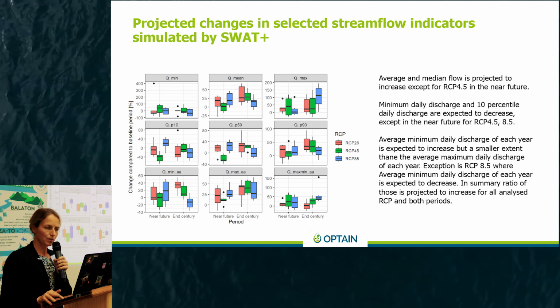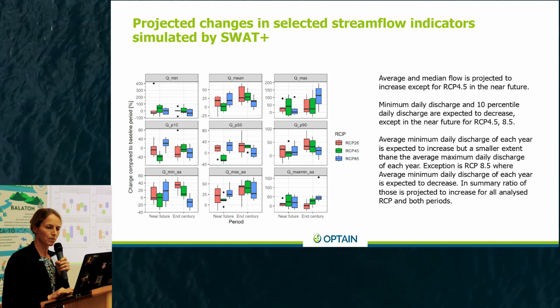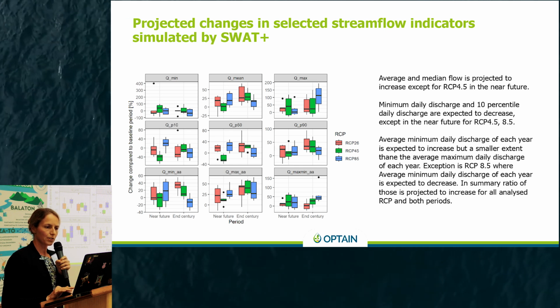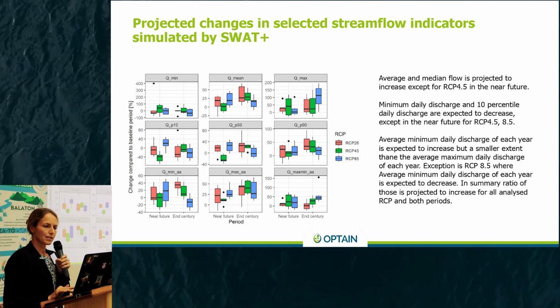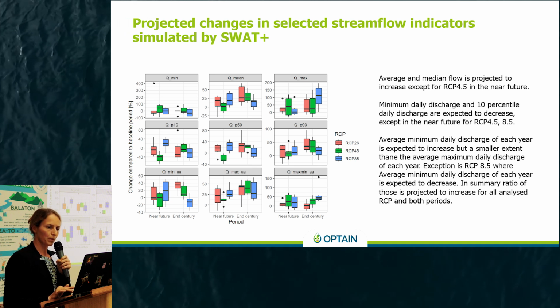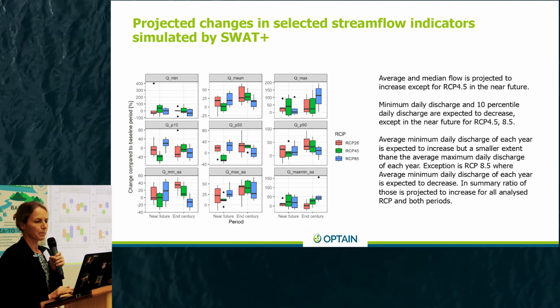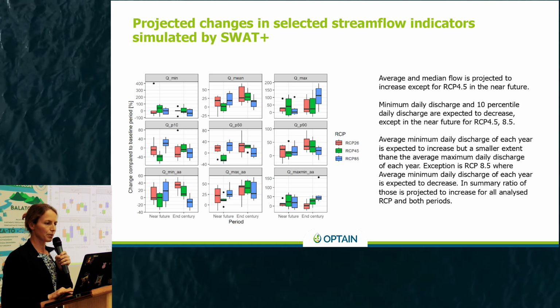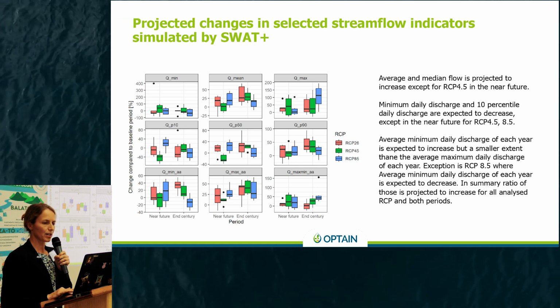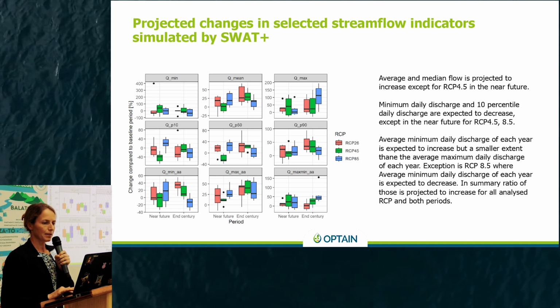Then let's see the discharge-related data. So average and median flow is projected to increase, except for RCP 4.5 in the near future. Then the minimum daily discharge and the 10 percentile discharge are expected to decrease.